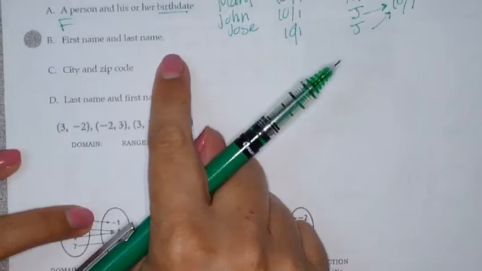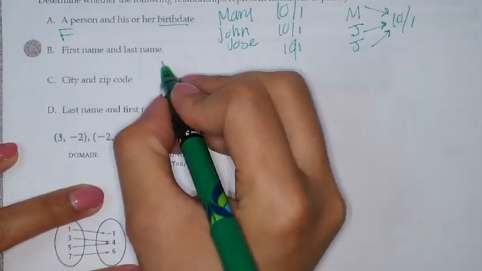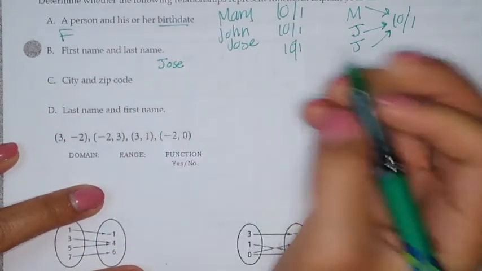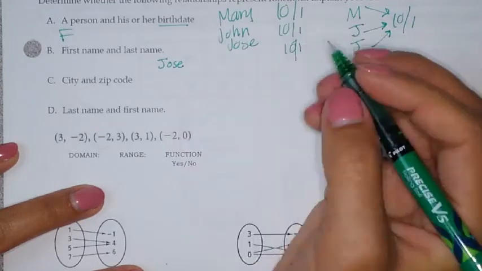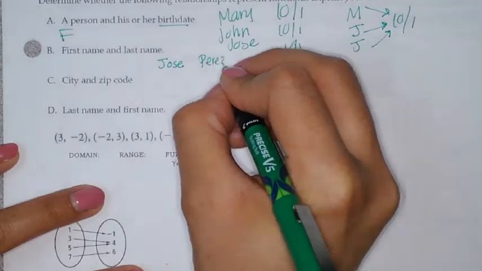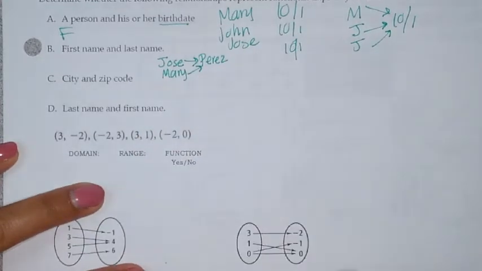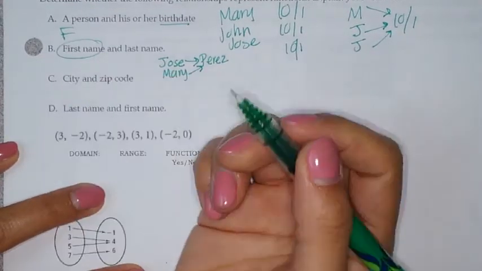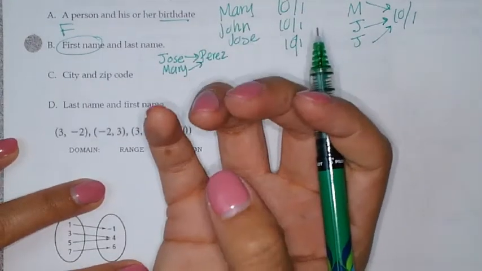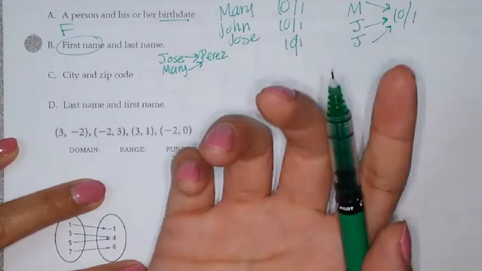First name and last name. Let's say that Jose has a last name of Perez. Mary can also have that last name. However, first names are not exclusive unless you have a super unique name. There are many cases where names are repeated.